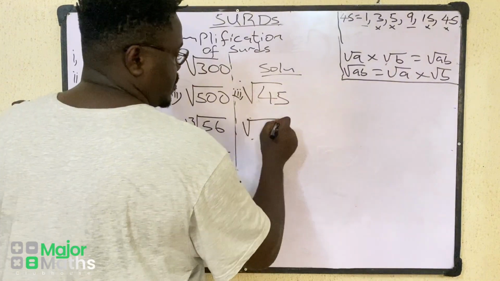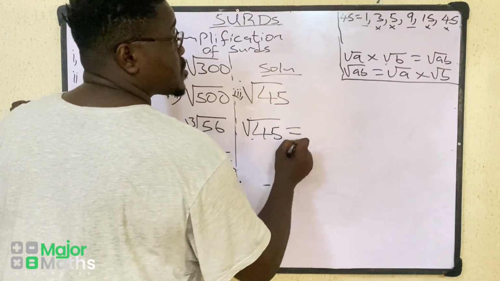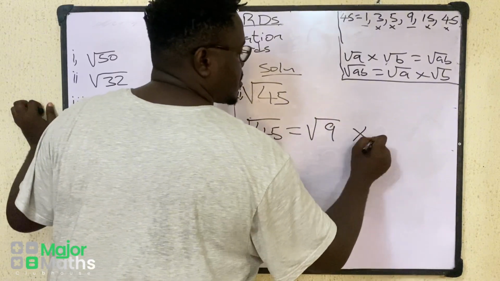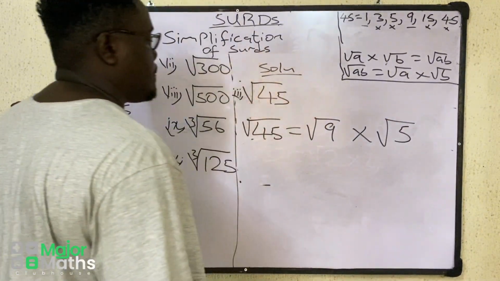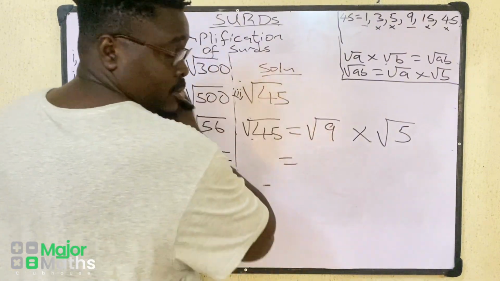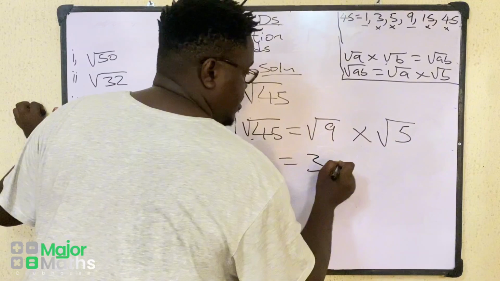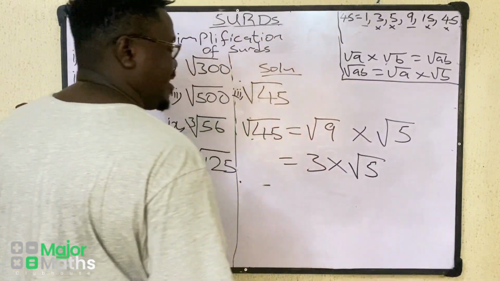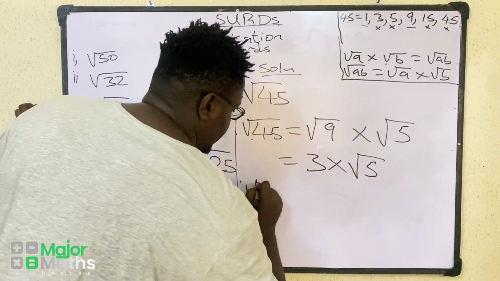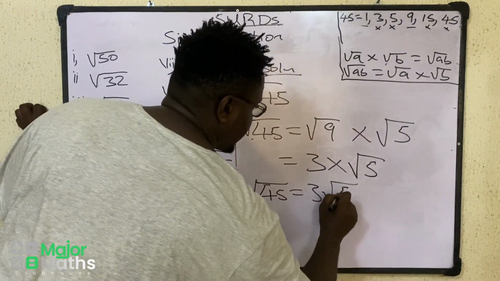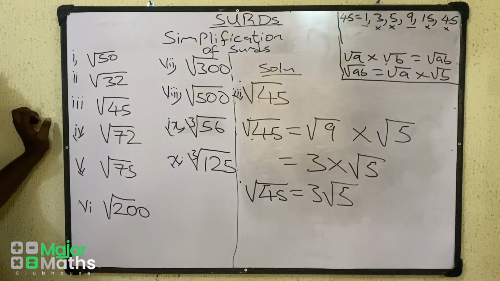Therefore, root 45 is equal to root 9 times root 5. The square root of 9 is 3. The square root of 5 remains root 5. So therefore, root 45 is equal to 3 root 5.